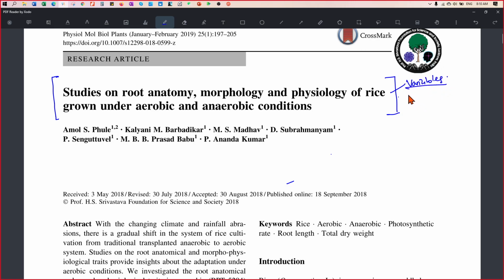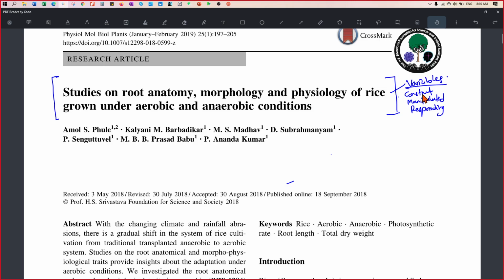There are three variables that should be present in the title: the constant variable, the manipulated variable, and also your responding variable, the things that you measure.